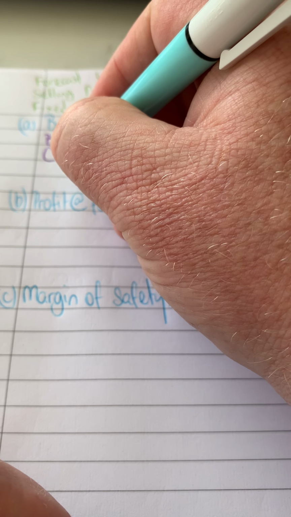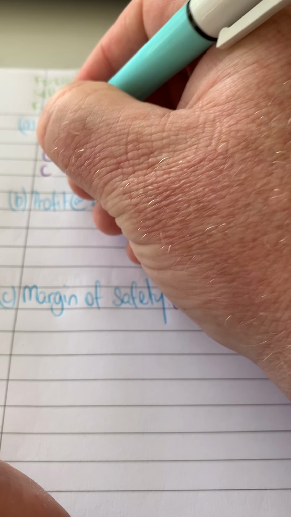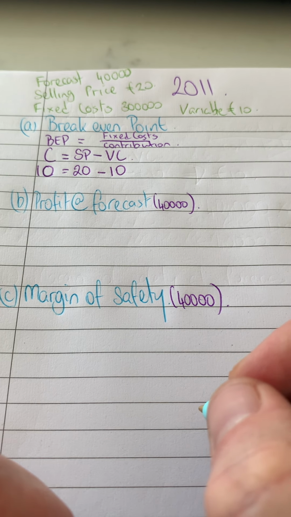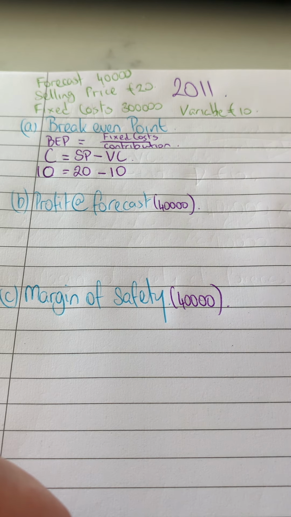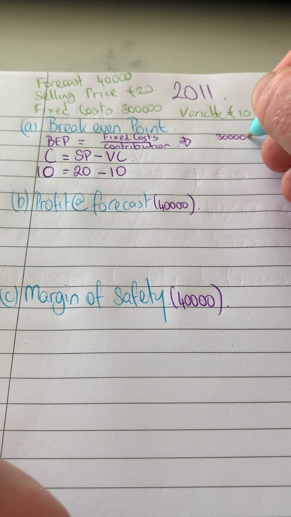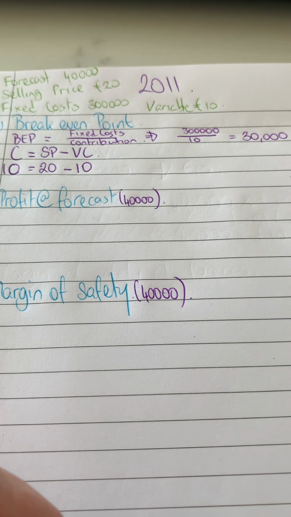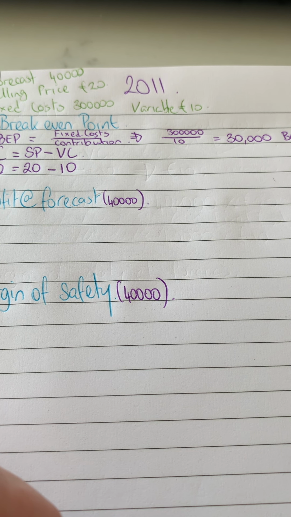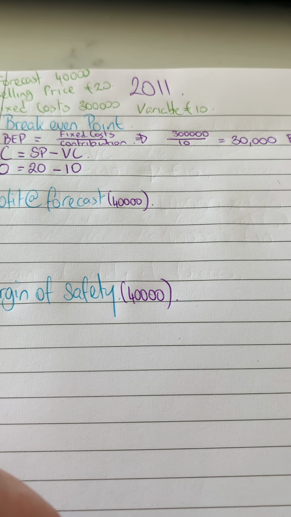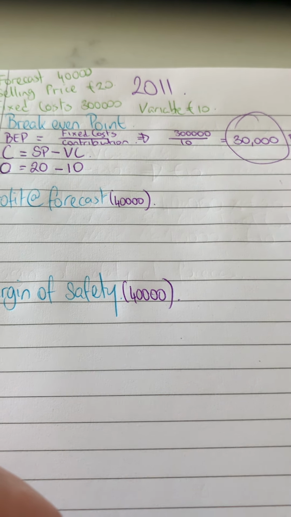So selling price is 20 minus variable cost of 10, so our contribution is 10. Fixed costs of 300,000 over the contribution of 10 means that the break-even point is 30,000 units. So we must sell 30,000 units. At that point, we are not making a profit, but we're also not making a loss. That's the first figure.